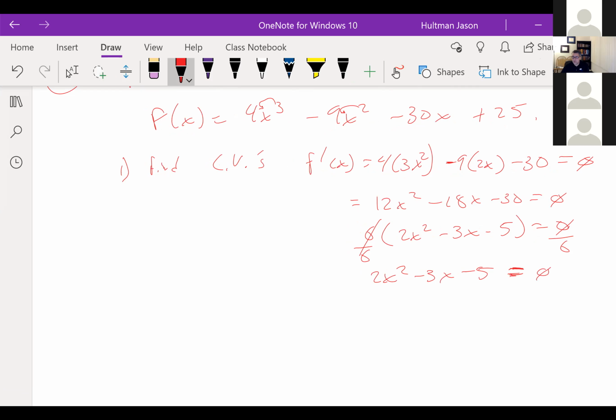Two words that make algebra students run in fear and go hide in the bushes are fractions and factoring. And if I bring them together, if I want to factor fractions, they roll over and huddle in the corner in the fetal position, and it's like, no, don't make me factor fractions. It's just not going to happen.